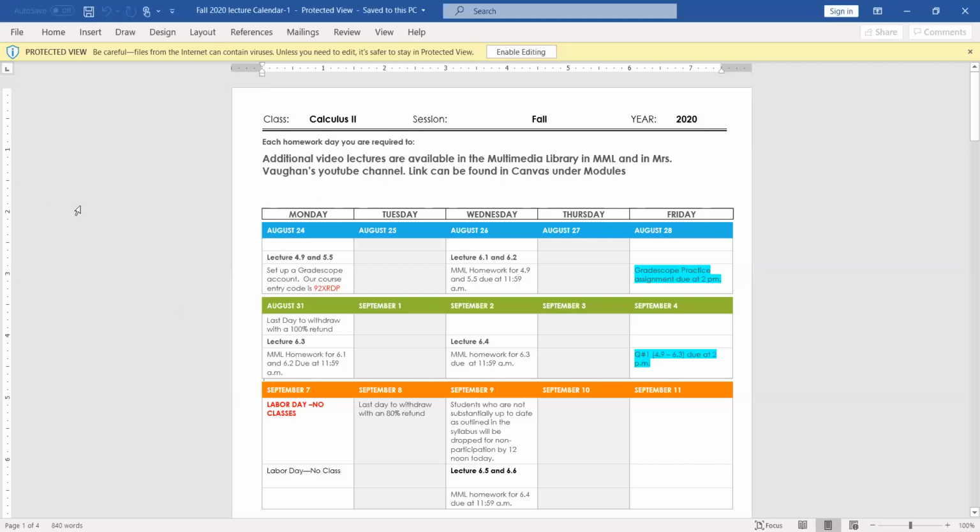Okay, so you've got a Gradescope practice assignment due at 2 p.m. this Friday, and your first quiz will be due at 2 p.m. next Friday. What I'll typically do is, what we do in class today, the MyMathLab assignments will be due right before class starts on Wednesday. What we do on Wednesday, those assignments will be due right before class starts the next Monday, and so on. And you can still get into those homework assignments after the deadline passes and work on them some more, but this is just to keep you on track to be ready for the tests. Gotcha.